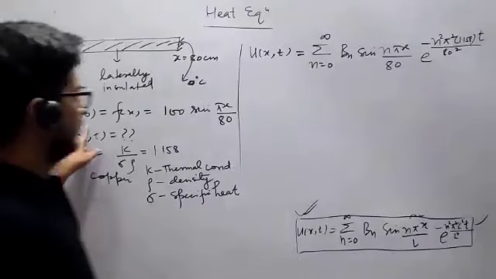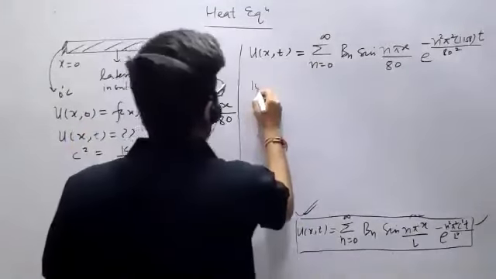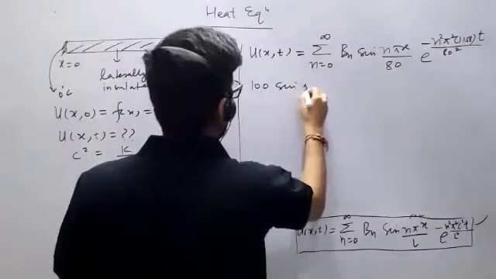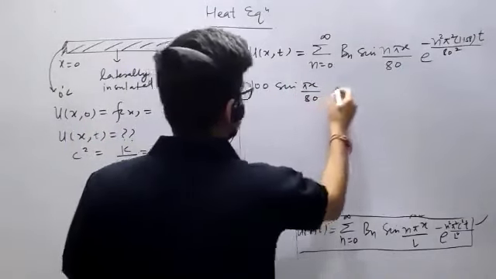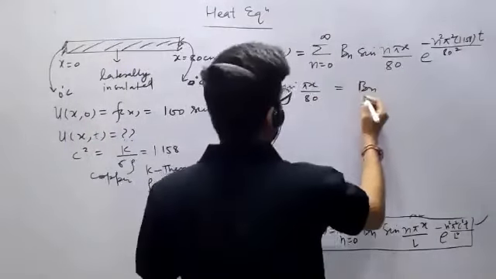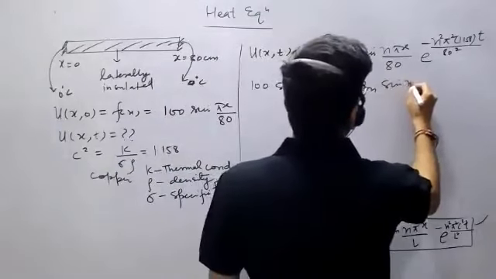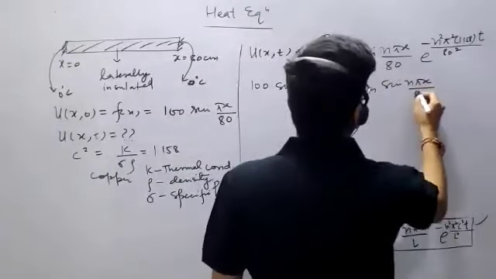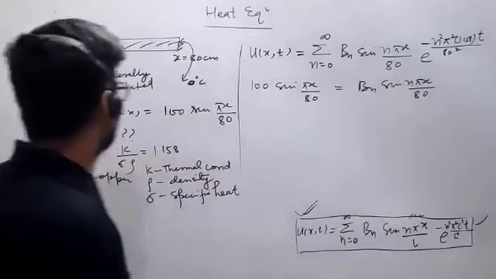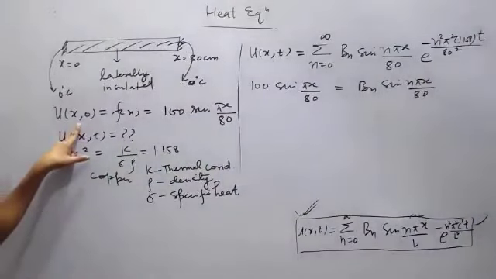Now we are given this. So 100 sine pi x by 80 is equal to Bn sine n pi x by 80. This is the condition that is given at t is equal to 0.